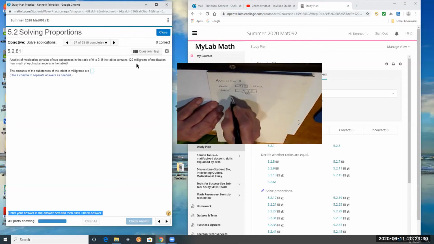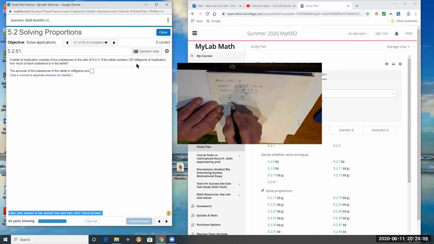We would have 9 units from the sample is to X units in the tablet. That's the same as 12 total units to 120 total units. So I'm taking one ingredient in the sample to the same ingredient in the tablet, total units in the sample to total units in the tablet.